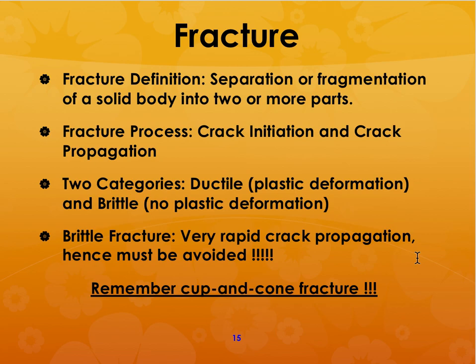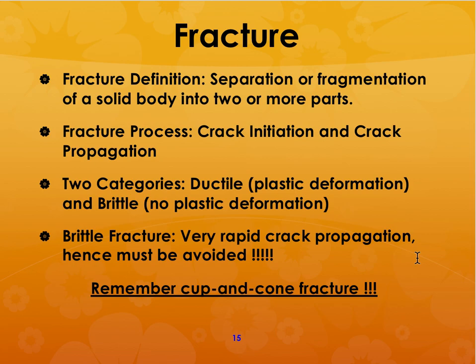So if you recall from your lab that you did for ENSE 3313, you tested a metallic sample like aluminum that underwent a lot of plastic deformation before it failed. And suppose you had a circular sample.